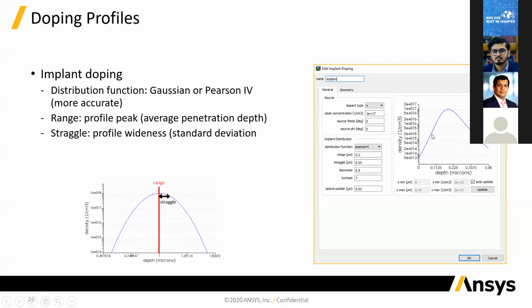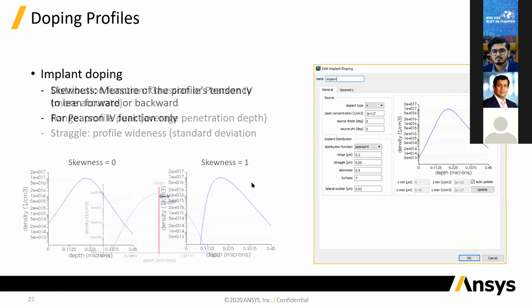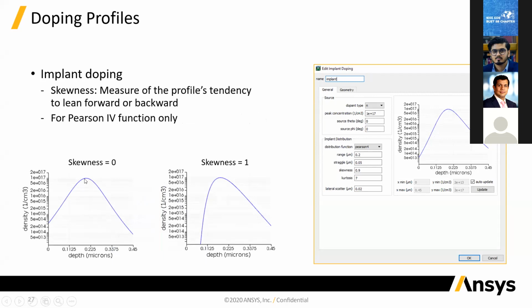And then straggle means how wide the opening of your doping profile is. And if you're using the Pearson-4 distribution, then you also have skewness. So how skewed is your profile? Is it balanced, or is it skewed to one side?